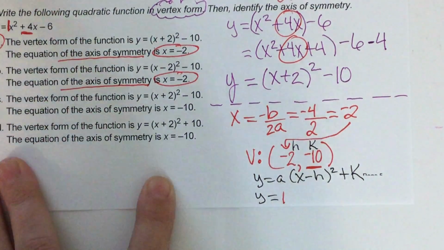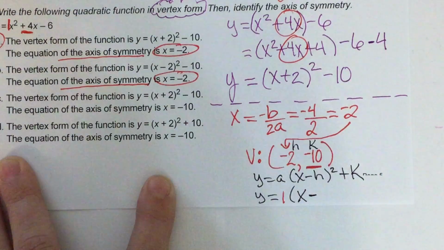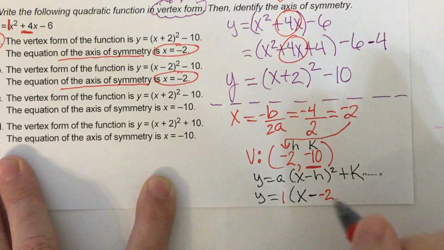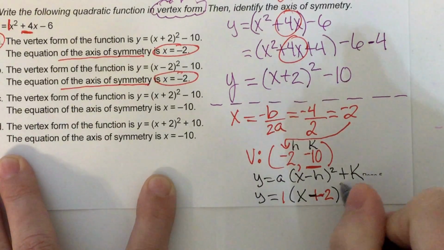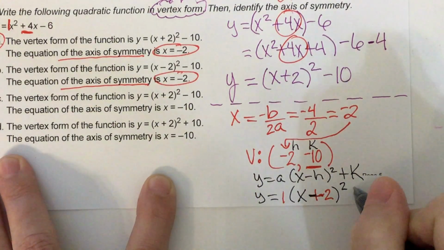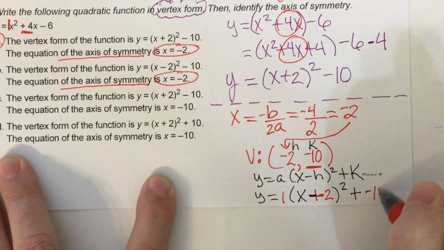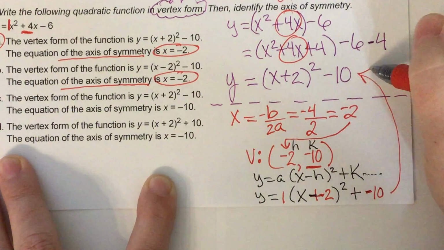And then in parentheses, it's going to go x minus our h, which is a negative 2. But a minus and negative back to back makes a plus. Then I'm going to close it and square it. And then in the back, it goes plus your k, which is a negative 10. Instead of plus a negative 10, it'd look better if it just said minus 10. Do you see? It matches.